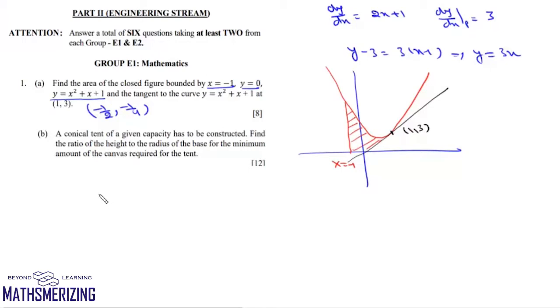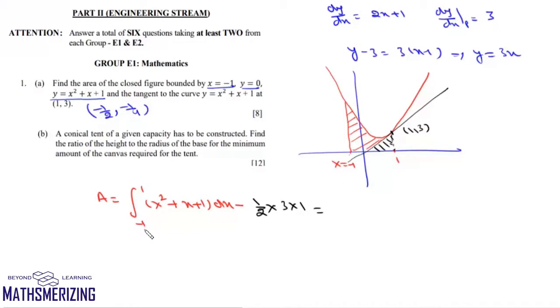So this area will be given by the integral from -1 to 1 of the area under this parabola, x square plus x plus 1 dx, minus the area of this triangle, which is 1 by 2 times 3 into 1.